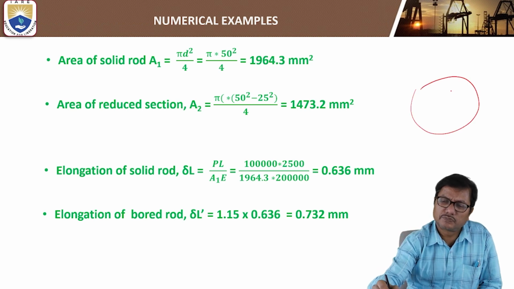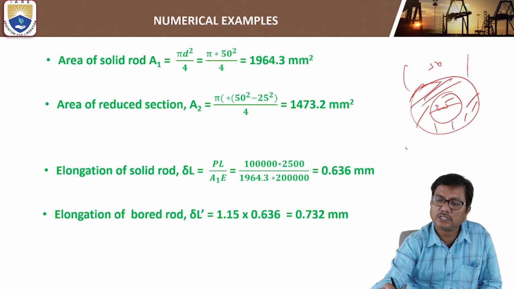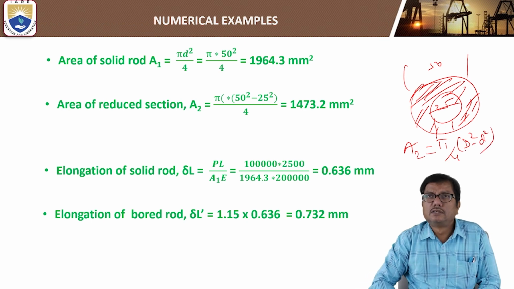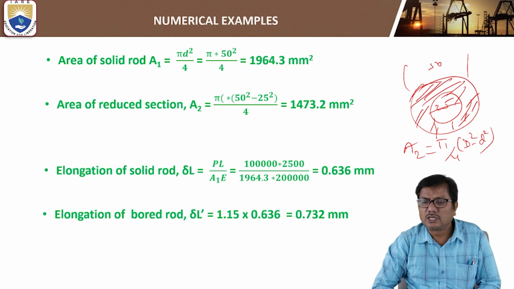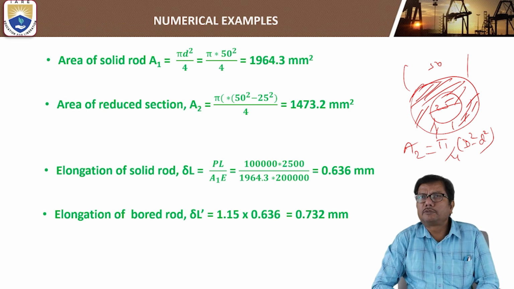We are cutting a central hole of 25 mm and total dia is 50. So area of this shaded portion is pi by 4 into capital D square minus small d square. Capital D means outer diameter, small d means diameter of hole. And it is coming out to be 1473.2 mm square.